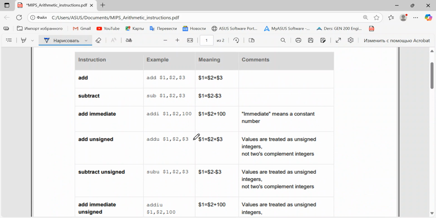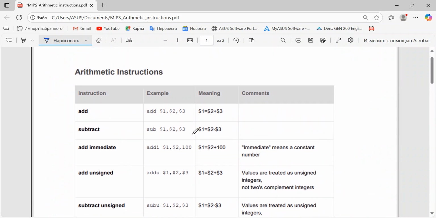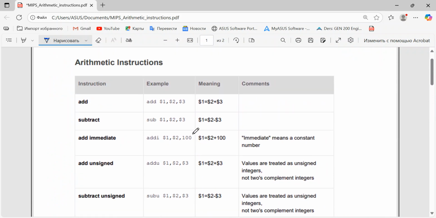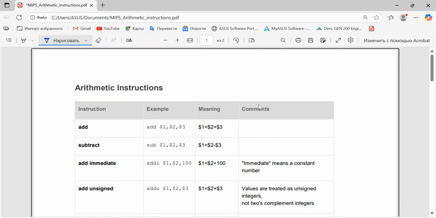Okay, let's go to the other ones. Actually, we didn't even start yet. Okay, add instruction. So what do we do? Here we have three registers. Let me remind you that in activity one, let me compare, we have only two registers. What do we do with them?